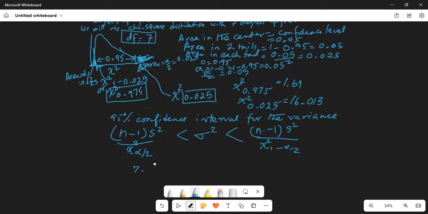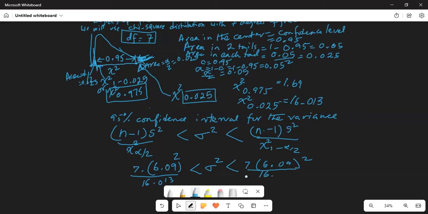The sample standard deviation is 6.09, and then you square it, divided by chi-square alpha by 2, which is 16.013, less than sigma square less than 7 times 6.09 squared divided by chi-square 1 minus alpha by 2, which in this case is, I'm sorry, 1.69.